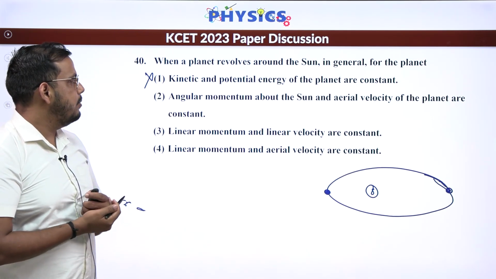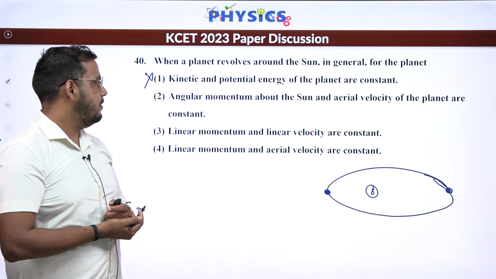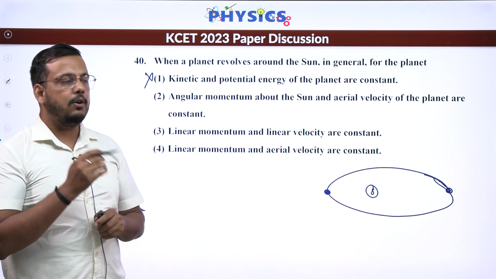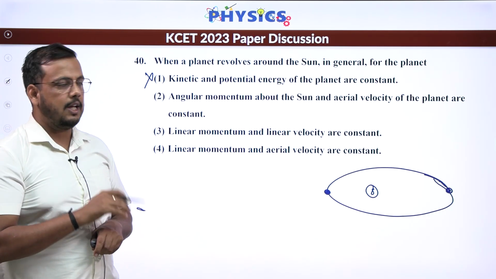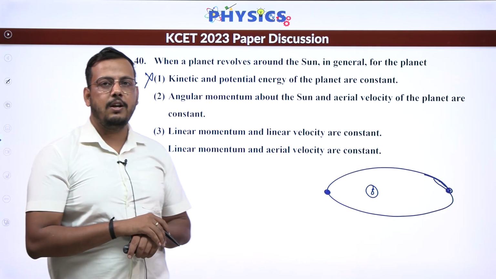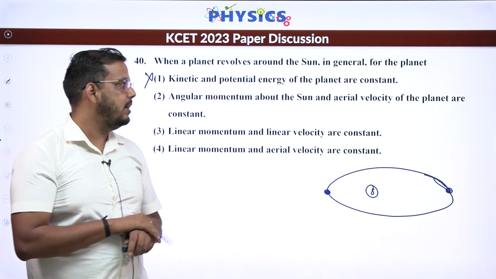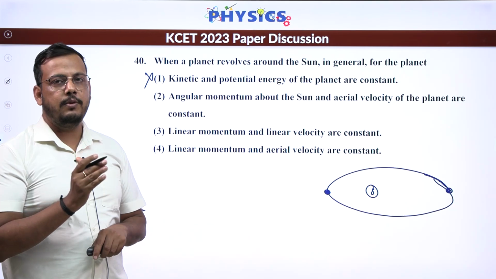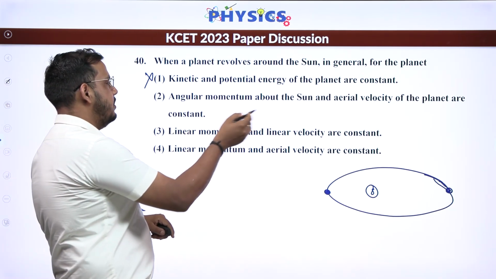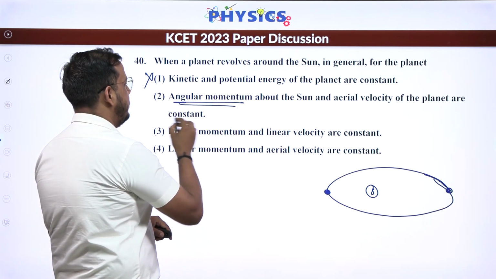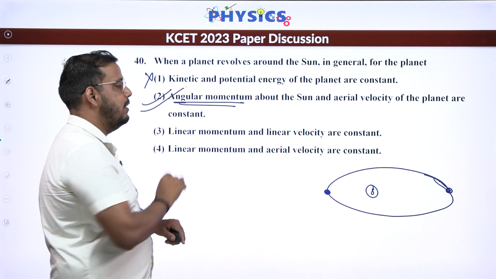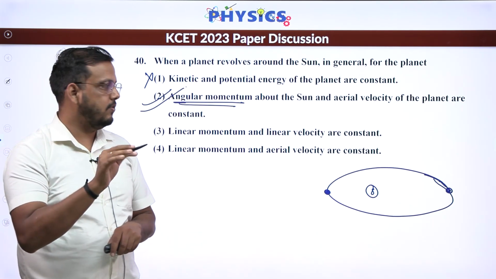Next, angular momentum about the sun and areal velocity of the planet are constant. See, this is according to Kepler's second law. Kepler's second law says that the areal velocity for a planet will always be constant. So areal velocity represents the angular momentum. So the angular momentum of a planet will always be constant about the sun.